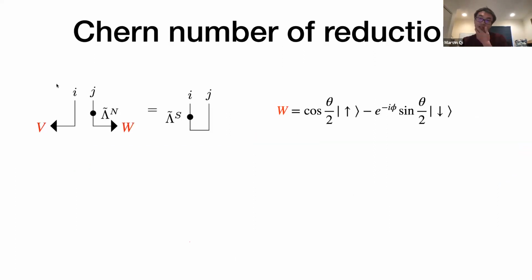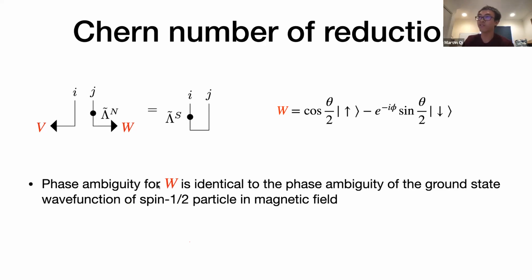So we could go ahead and calculate what this V and W is for the system. Remember W is only well-defined up to a phase, but if I try to pick a representative, I get something like this. And you'll notice that this pesky e to the i phi means that it's not well-defined over the entire 2-sphere. It turns out that this phase ambiguity for W, the fact that you can't define it over the entire 2-sphere, is the exact same phase ambiguity of the ground state wave function for the spin-half in a magnetic field that we saw earlier.